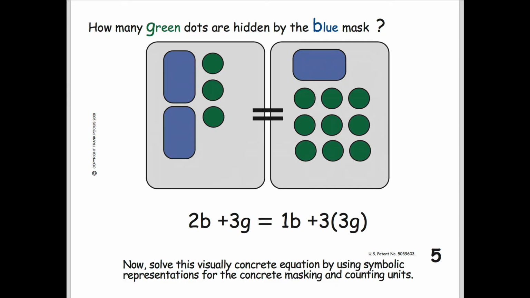Which is the masking unit and which is the counting unit? The steps taken to solve the equation depend on knowing the identity of the masking unit. Here we know the identity. It's represented by the letter B, the blue mask.